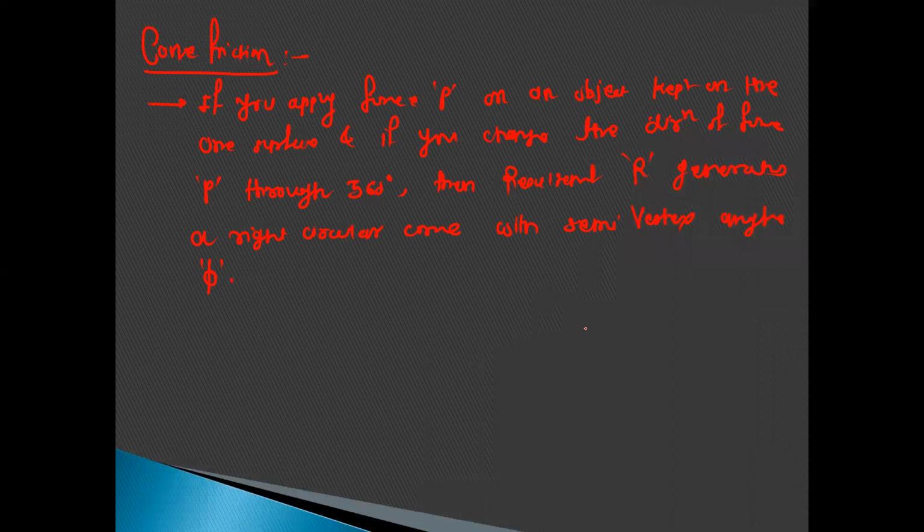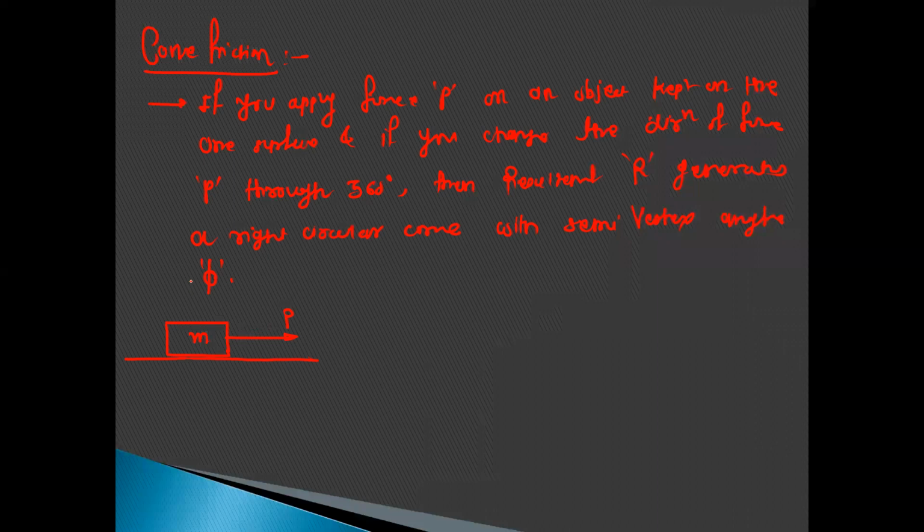So I will draw the diagram, then you will understand what is the meaning of cone friction. So we have one object having the mass m, and it is kept on one surface like this. Okay, and we apply the force P on this object. Right now this diagram is drawn on the two-dimensional plane, so we are just observing the front view of the complete system.